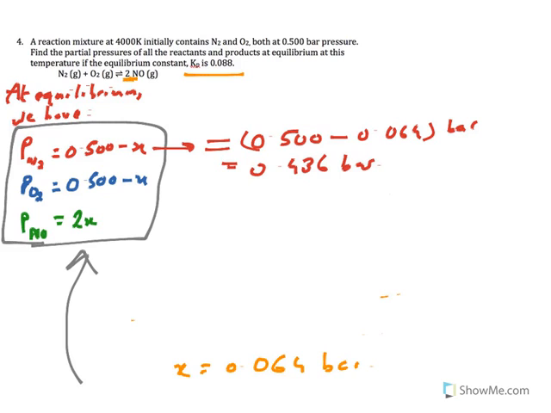Similarly, we plug x back into this, and we end up with our partial pressure for oxygen being equal to 0.500 minus 0.064 bar, and that is equal to, once again, 0.436 bar.